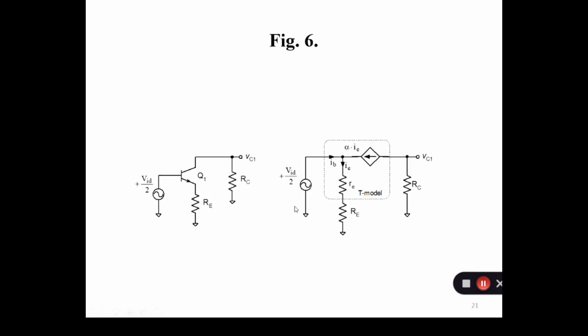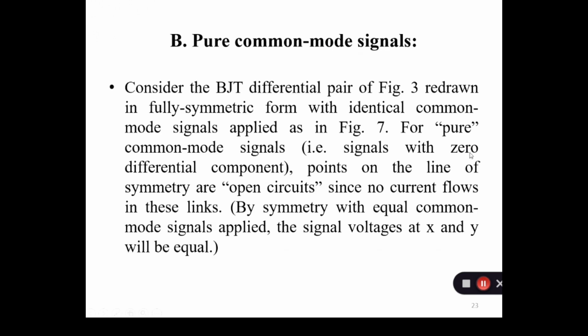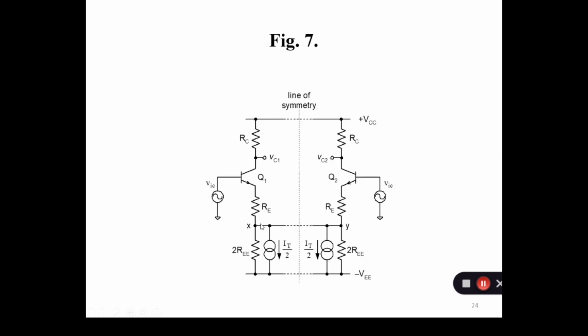Then on the basis of this we have already done the half signals, the half section. Then we try to find VC1, meaning output voltage divided by input voltage. Then we get some formulas. Then pure common mode signals. In this one we are making the input common, VIC meaning 5 volt and 5 volt.